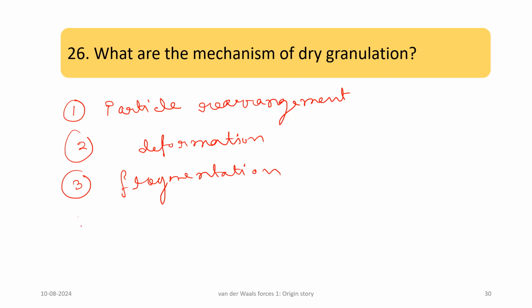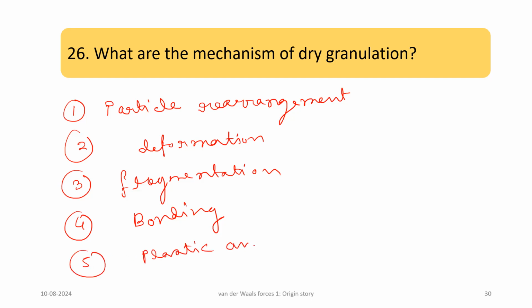Fourth, now they have become smaller ones, so they will attract each other and create bonding. And finally, the plastic and elastic deformation. These are the 5 stages of the dry granulation process.